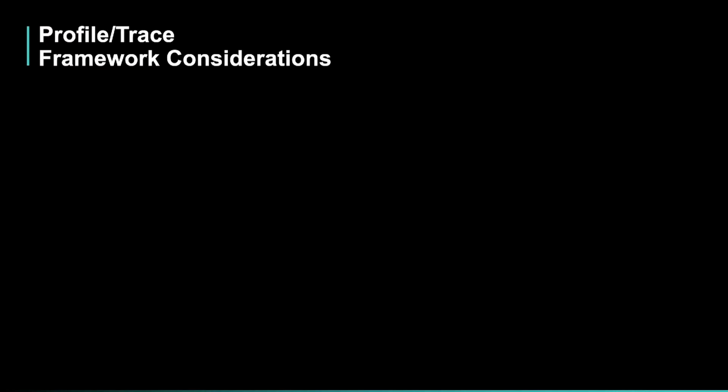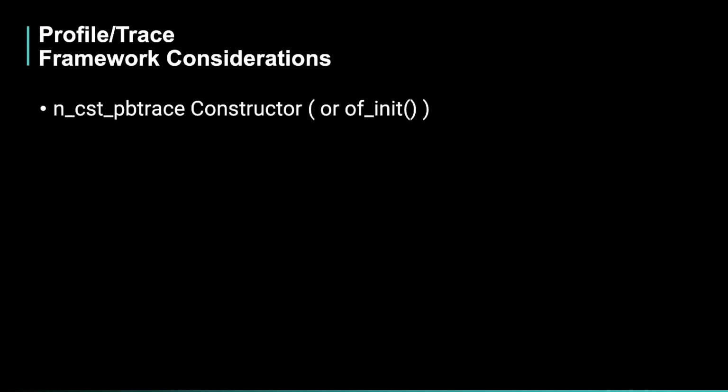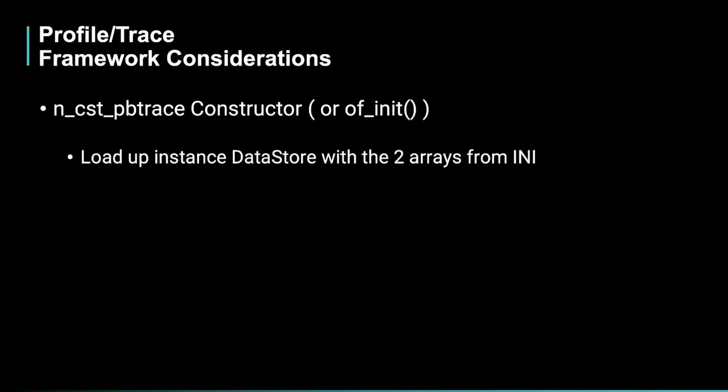Okay, moving on with this framework proposal. Let's say that in the constructor of our dedicated trace component, or some initialization method of it, we load up an instance data store with the two sets of comma-separated values from our INI file.